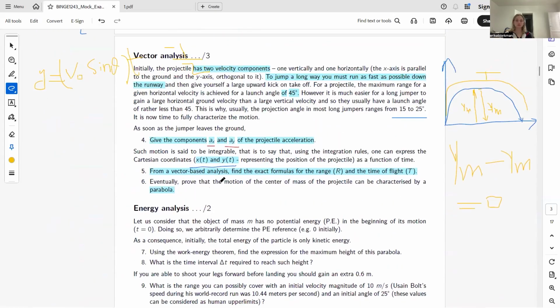Here you can see the horizontal and vertical acceleration that we have calculated. And in the same part, he is asking to calculate the positions x of t and y of t.